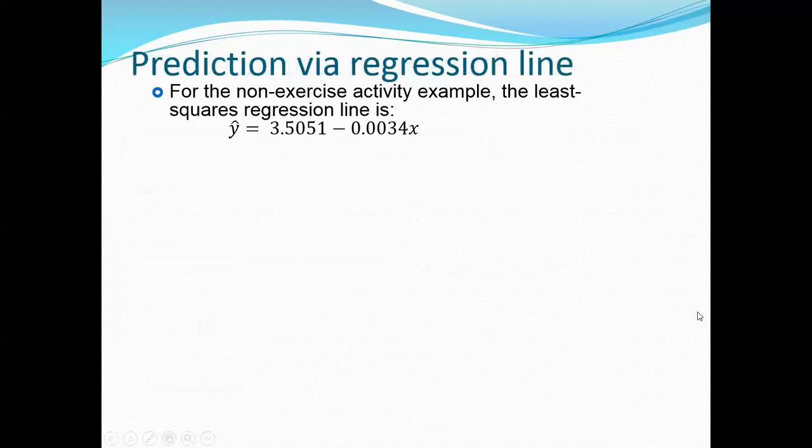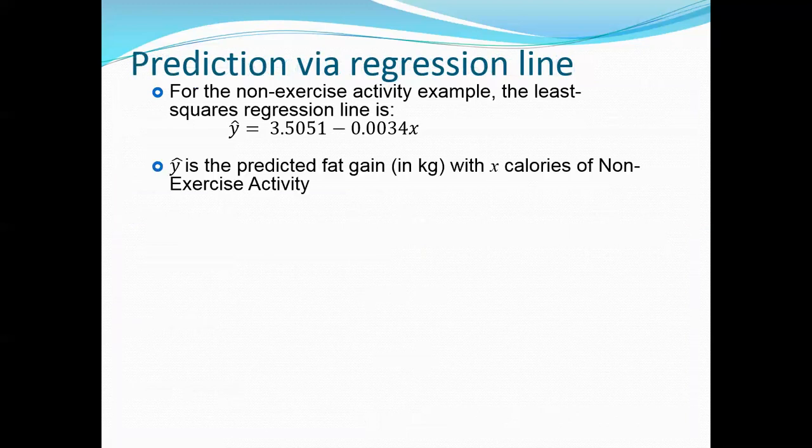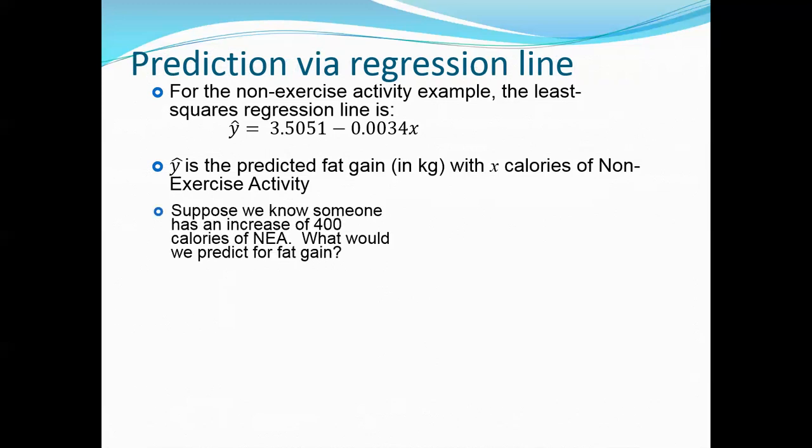Prediction via regression line. For the non-exercise activity example, the least squares regression line is y hat equals 3.5051 minus 0.0034x. Y hat is the predicted fat gain in kilograms with x calories of non-exercise activity. Suppose we know someone has an increase of 400 calories of NEA.